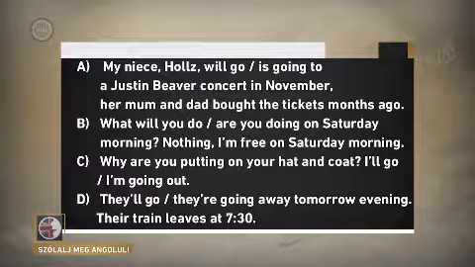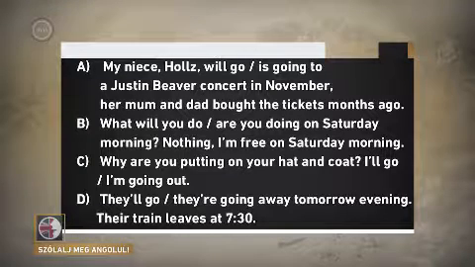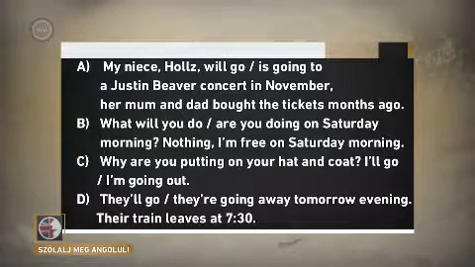Okay, so what do you think? Which ones need will and which ones need going to? Do you know? Yes, I think you do know, don't you? Okay, let's have a look at the sentences together. Let's look at the first one. First, sentence A is the sentence about my niece, Holly.